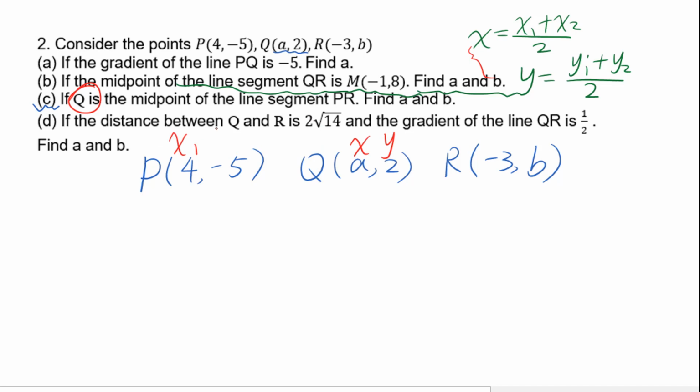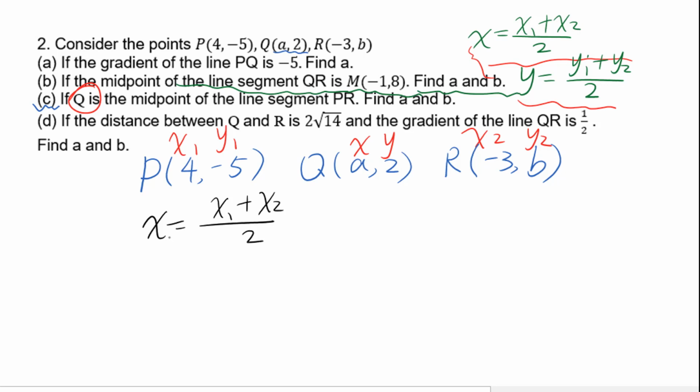This will be x1, y1, x2, y2. Let's write down the formula. x equals x1 plus x2 over 2. x is a equals x1 is 4 plus x2 is negative 3, then over 2. a equals 1 over 2.